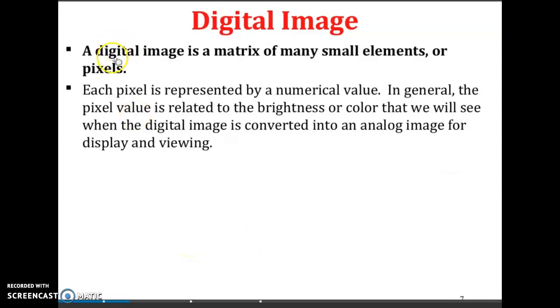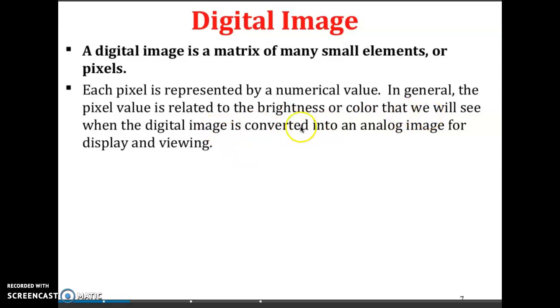So finally, we visualize the digital image as a matrix of small pixels, small elements. Each pixel is represented by a certain numerical value. In general, the value of that pixel gives us the information regarding the brightness, meaning intensity or color, at that particular point of the image.